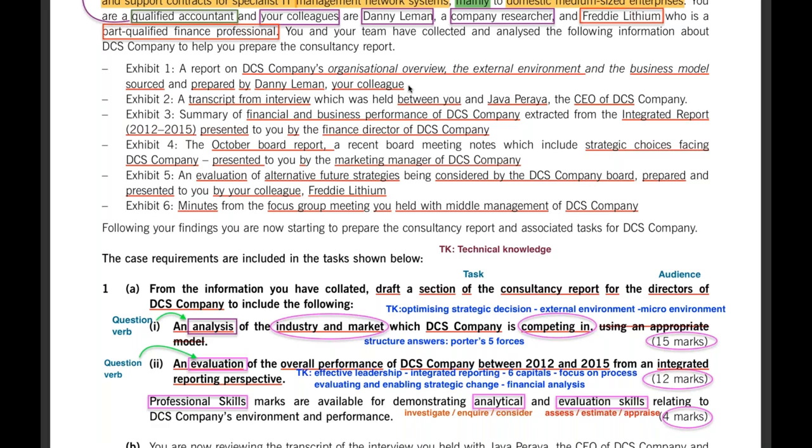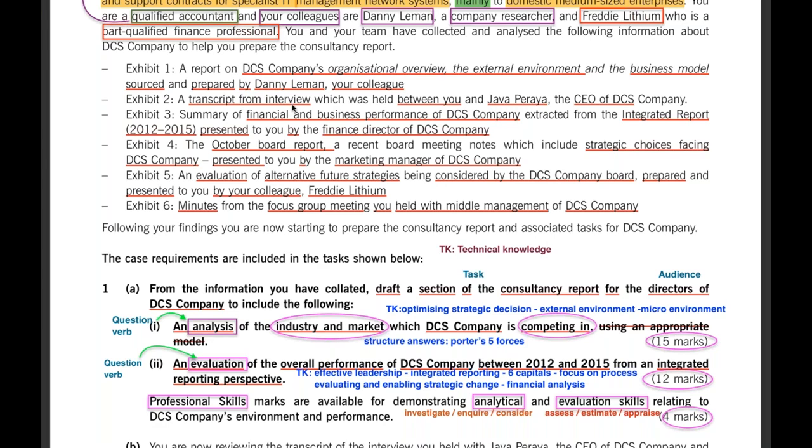Like exhibit number 1, they talk about the organizational overview, basically the background of the company. They are also talking about the external environment, basically the environment that they are in. And then the business model of this particular DCS.